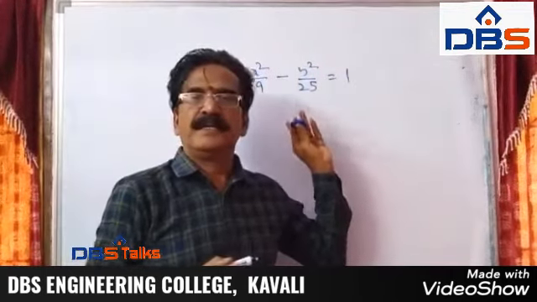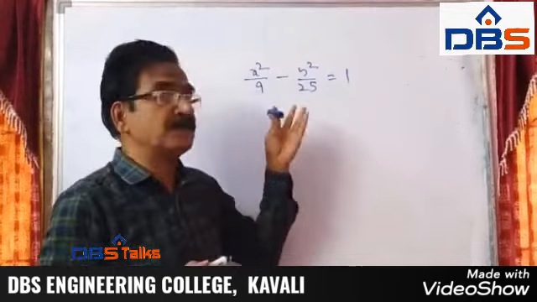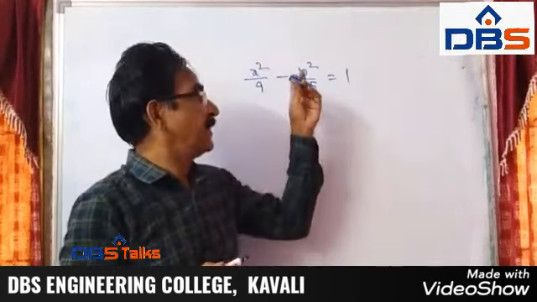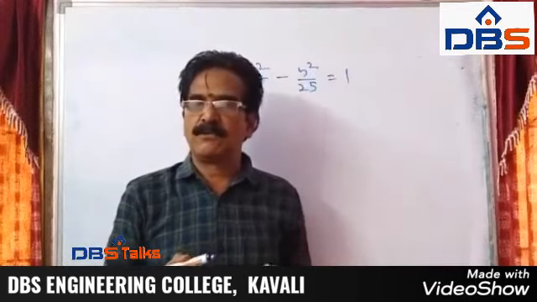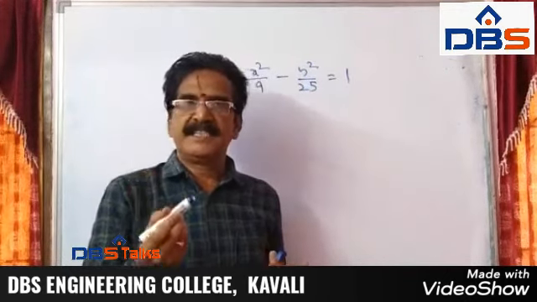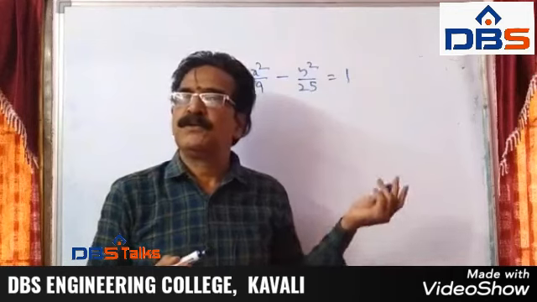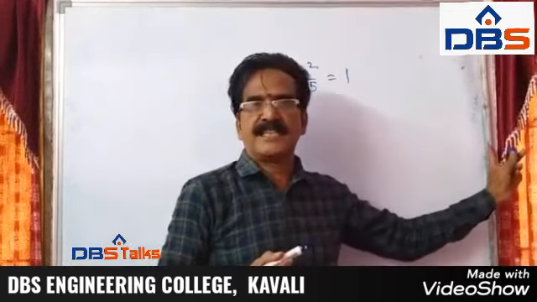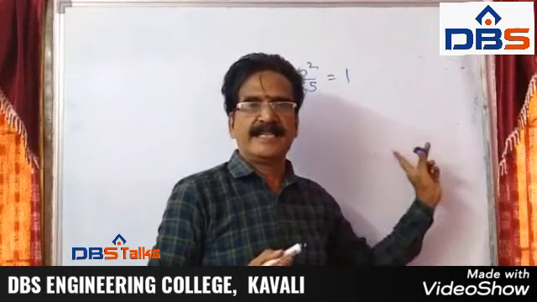So, for a hyperbola in the form of x square by a square minus y square by b square is equal to 1, the vertices are, as you know, plus or minus a comma 0, because the transverse axis is along the x axis.